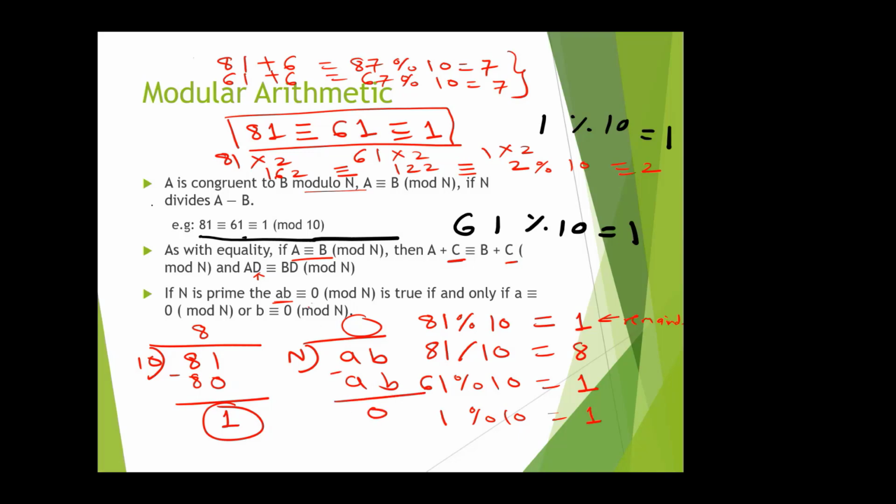When you get 0 as a remainder, it means n divides AB. Now if n is a prime number, then it means n either divides A or n divides B. So it has to be true: either it has to divide A or it has to divide B. Otherwise, AB will not be divisible by n being a prime.